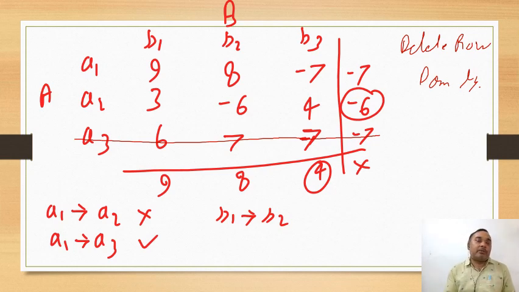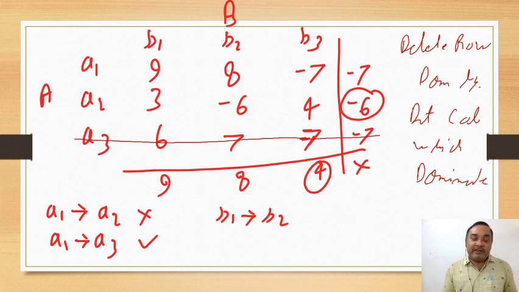Now go for column. B1 dominates B2. Delete the column which dominates. 9 dominates 8, yes. 3 dominates minus 6, yes. That means delete B1.